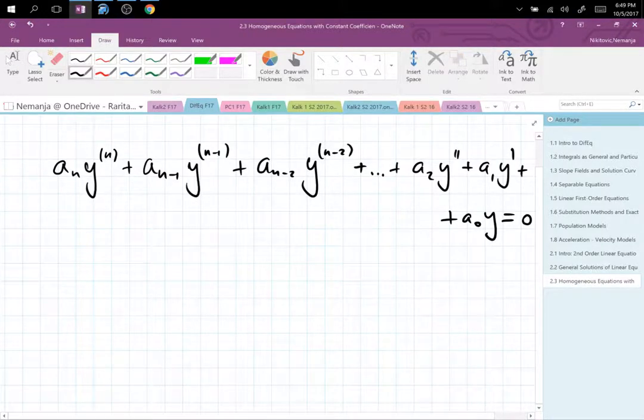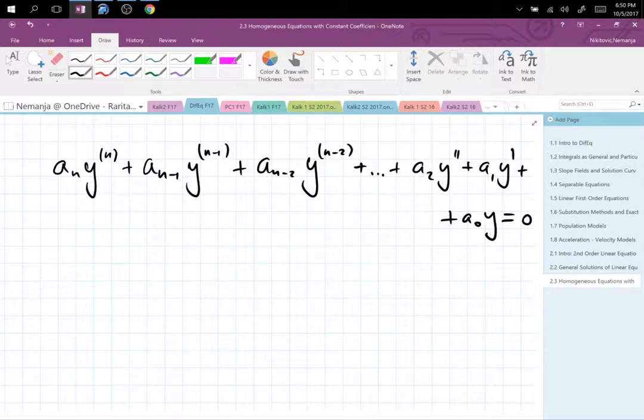Now, what happens here is that we assume the solution e to the rx, and then when we plug all of this in, certain things cancel, and you get a characteristic equation, which is a polynomial and resembles exactly the differential equation that you consider.